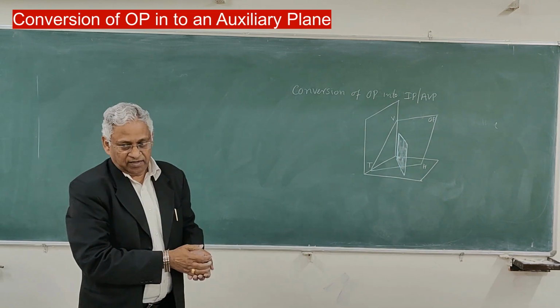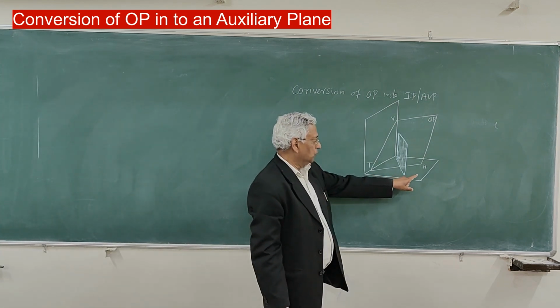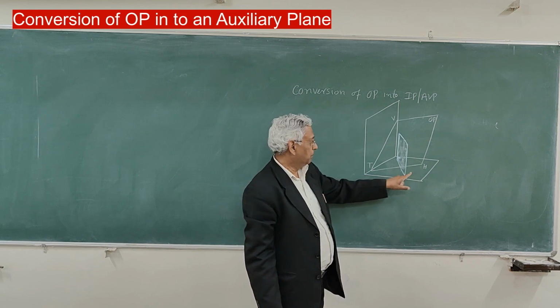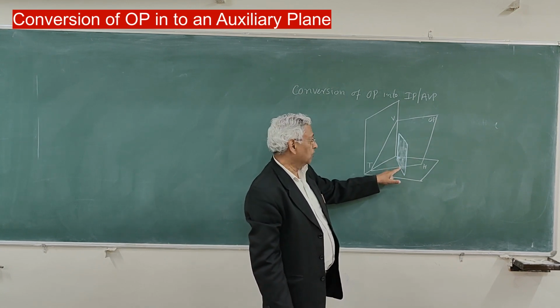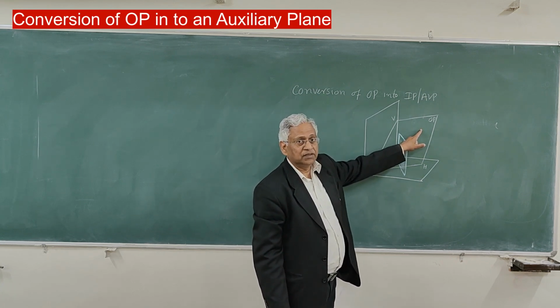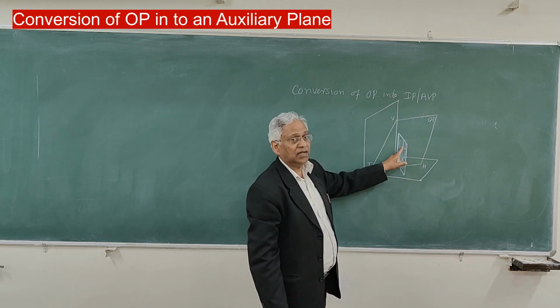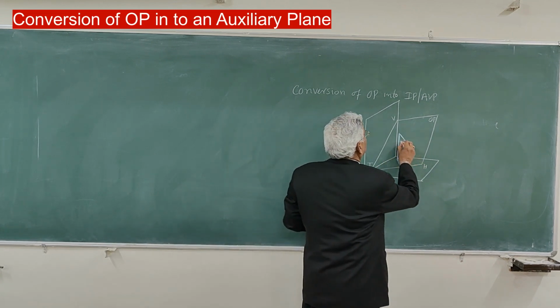I have taken a plane which is perpendicular to horizontal plane, perpendicular to horizontal trace also. Perpendicular to horizontal trace means this plane will now be perpendicular to the oblique plane. But this is not the reference vertical plane, and therefore it is auxiliary vertical plane, A.